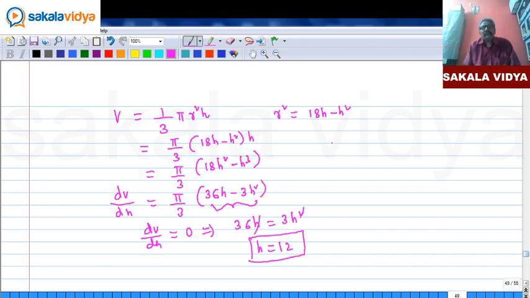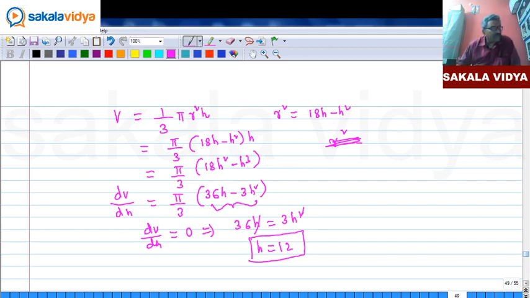Now V maximum you need to find out. Let us substitute H equal to 12.